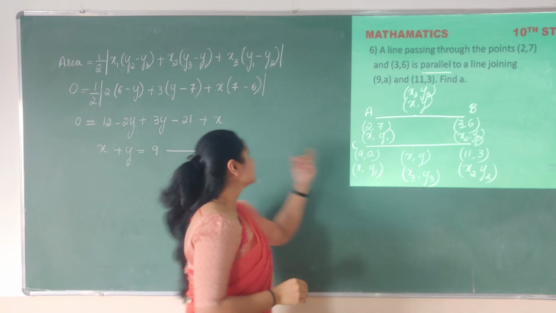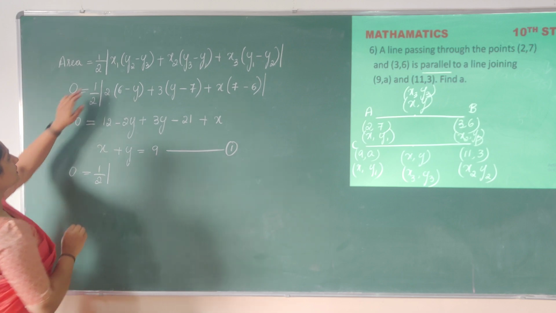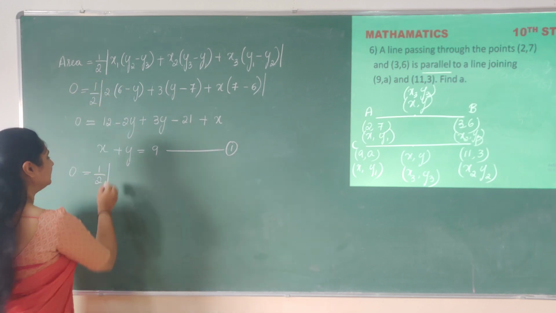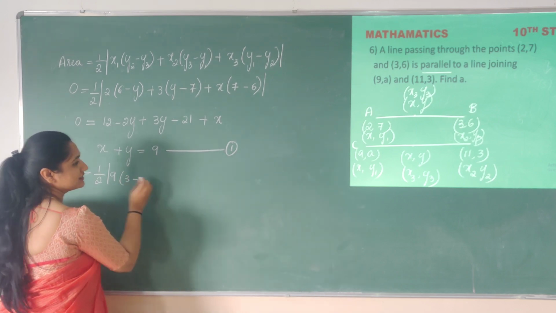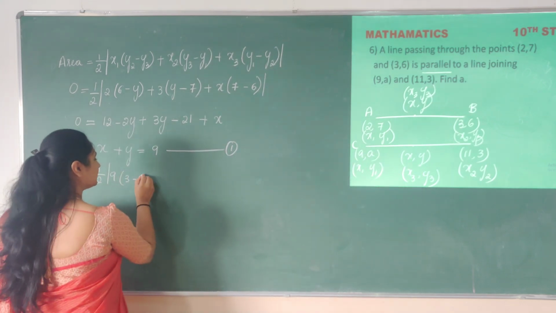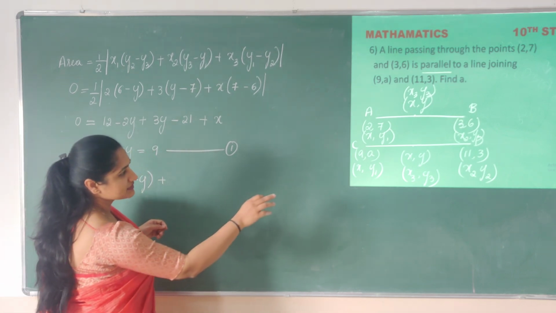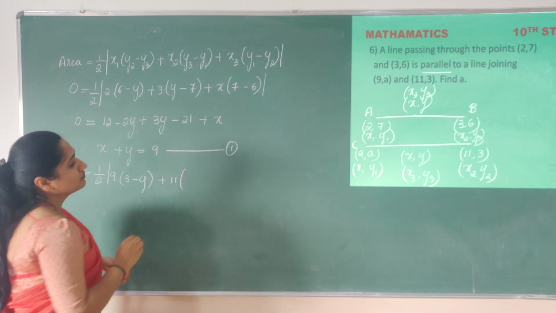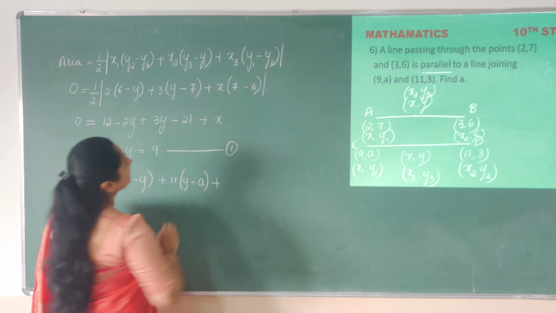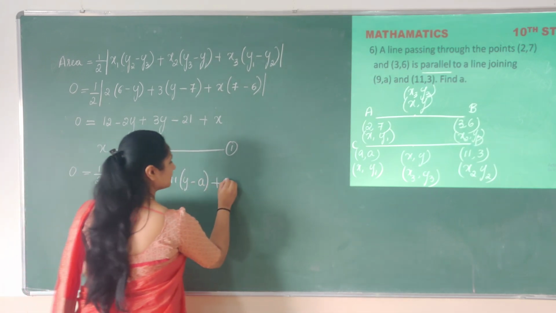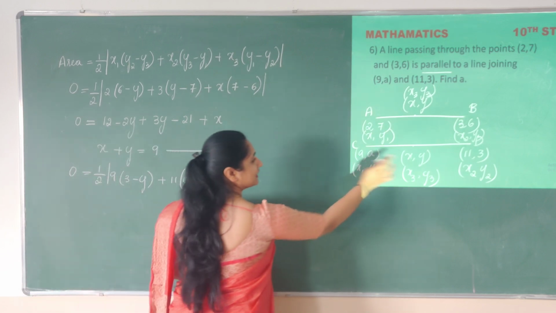So we'll substitute all these values: 0 equals half into modulus of x1, which is 9, of y2 minus y3, that is 3 minus y, plus x2, which is 11, of y3 minus y1, which is y minus a, plus x3, once again x, of y1 minus y2, which is a minus 3.